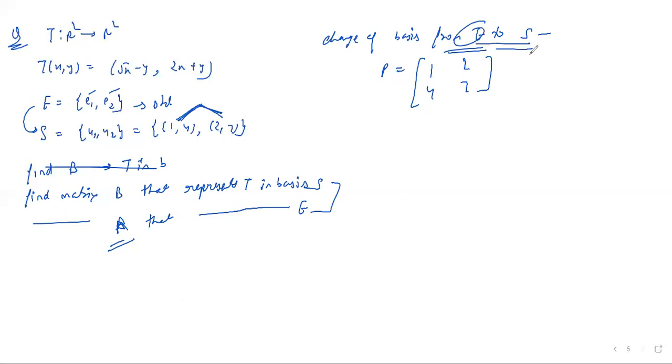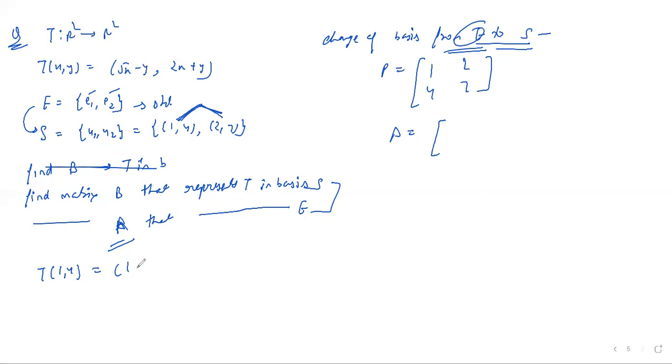Now, if I look at the matrix A that represents T in basis E, what will be my A? For T of (1, 4), that will be 5 minus 4, which is 1.